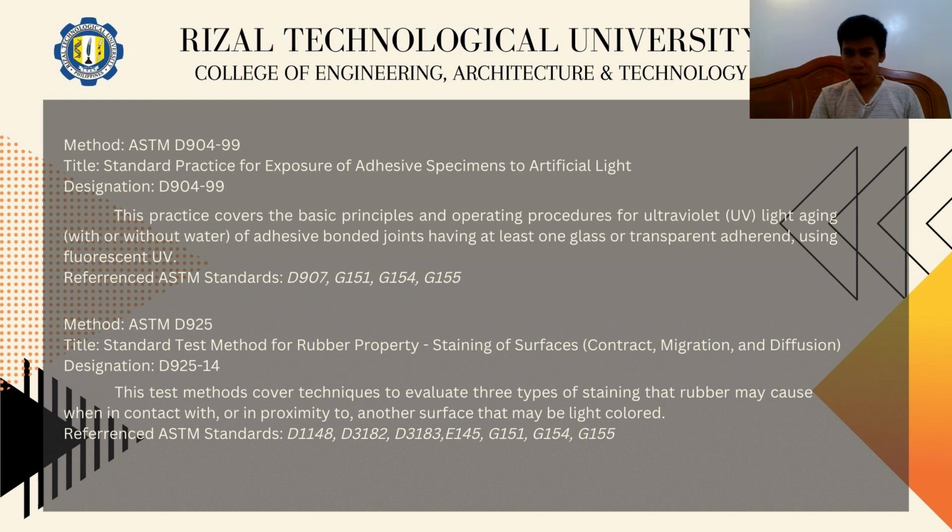This practice is for determining the effects of UV light or UV light and water on adhesive bonded joints. Under controlled but artificial conditions, the results of this practice can be used for comparing the relative durability of several adhesives in a specific laboratory UV exposure.